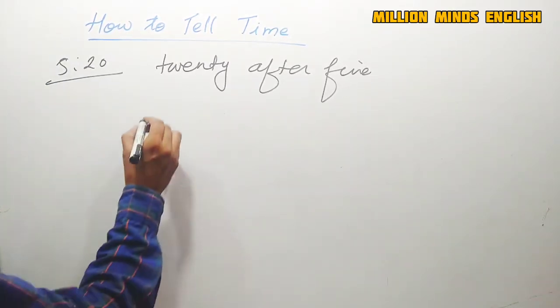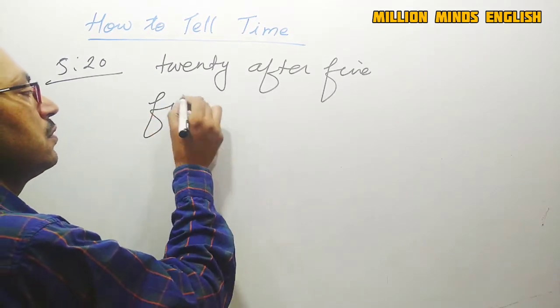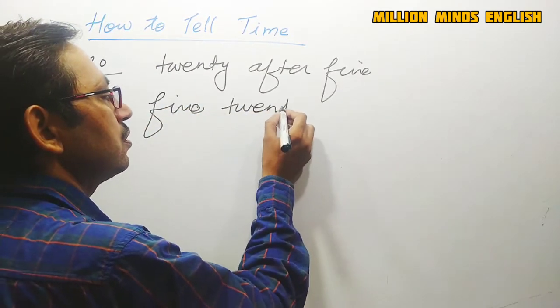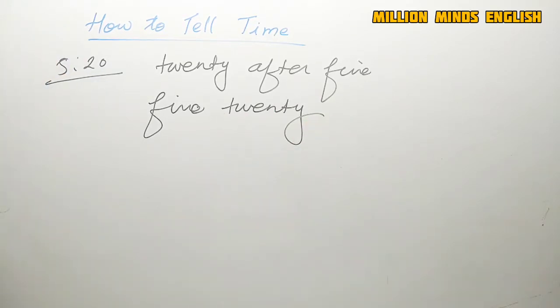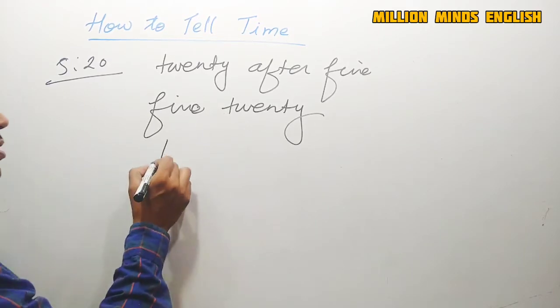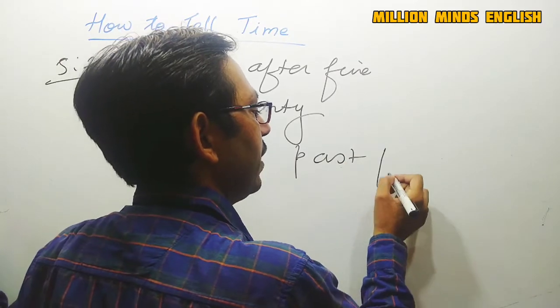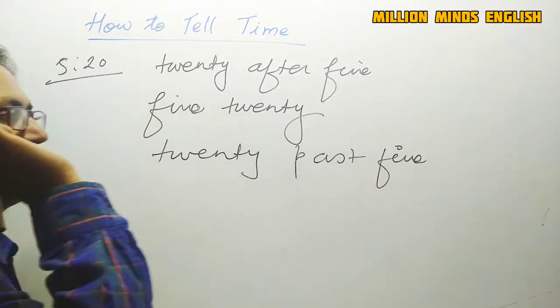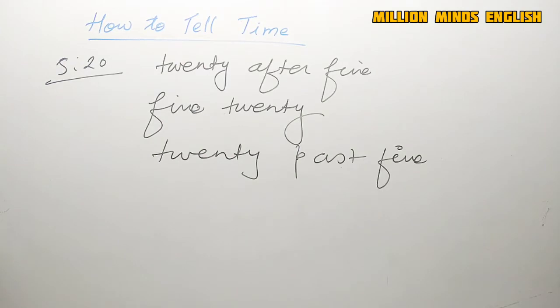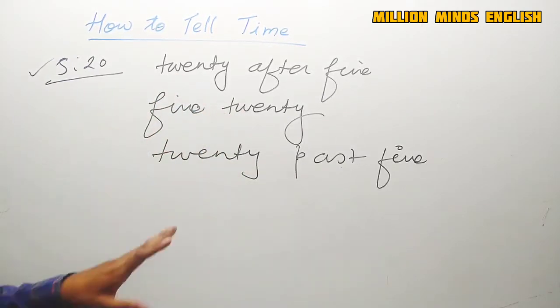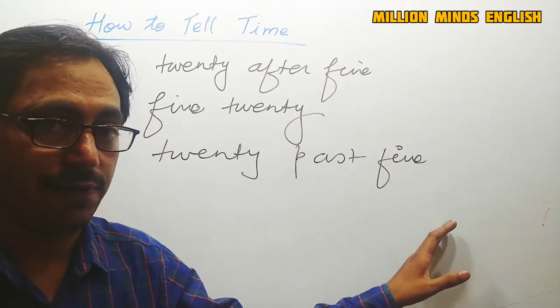Or you can say 5:20 here. Or you can say 20 past 5. You can use these three ways to tell this time. You can say 20 after 5, 5:20, or 20 past 5.